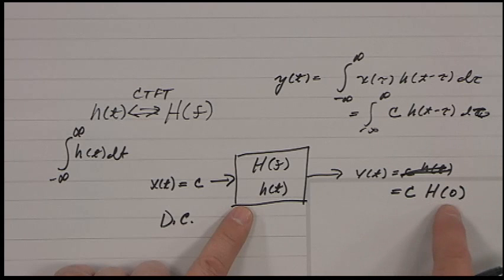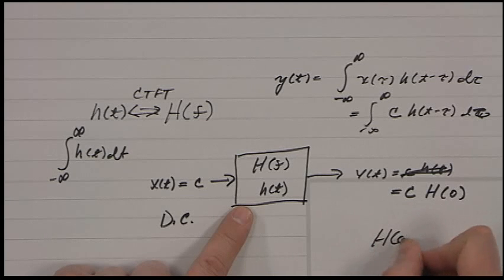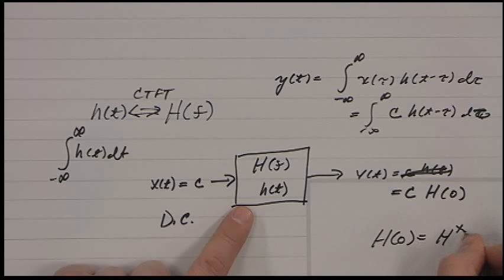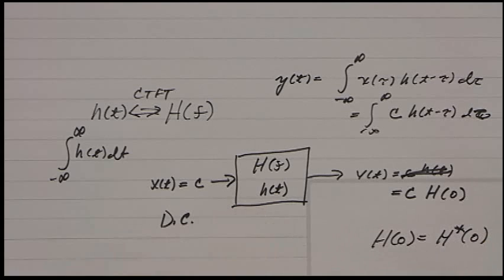And H of 0 is always a real number if the impulse response is real, because the frequency response has to be conjugate symmetric. So at 0, H of 0 has to equal H star of 0, so it has to be real valued. H of 0 tells you how much area is under the impulse response.